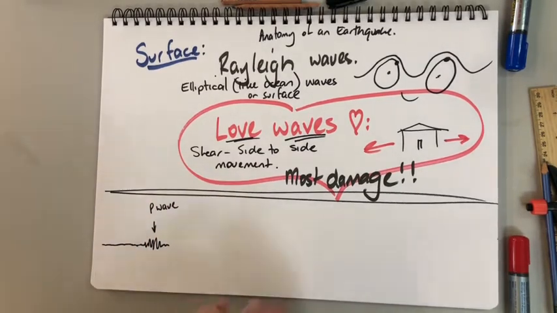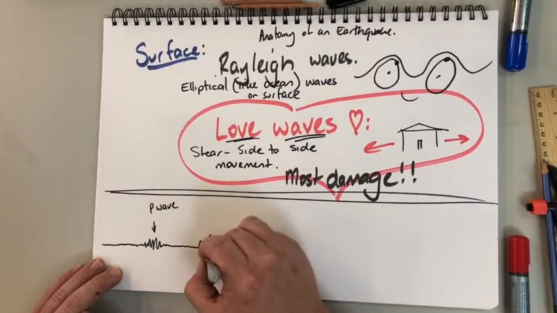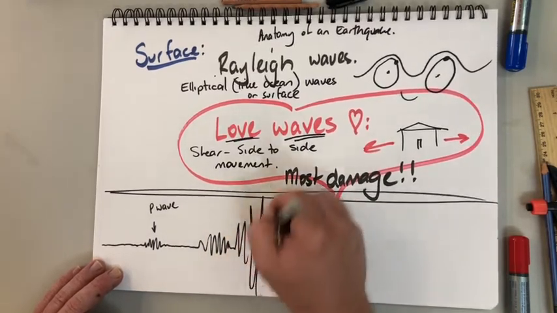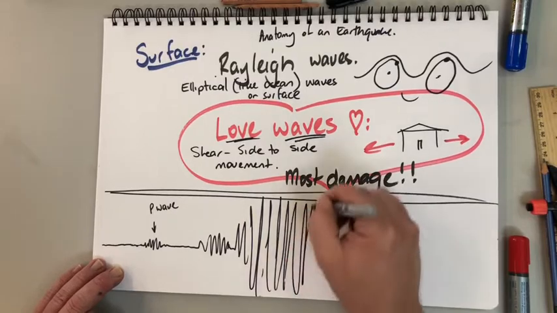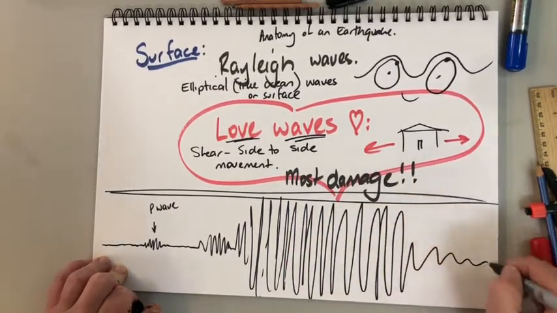Now P wave, remember, it's compressional movement. It's not going to be as violent. Then we have our S wave, very closely followed by our surface waves. And the event is over.